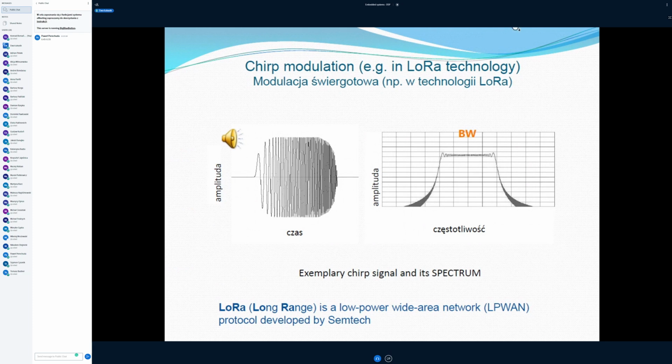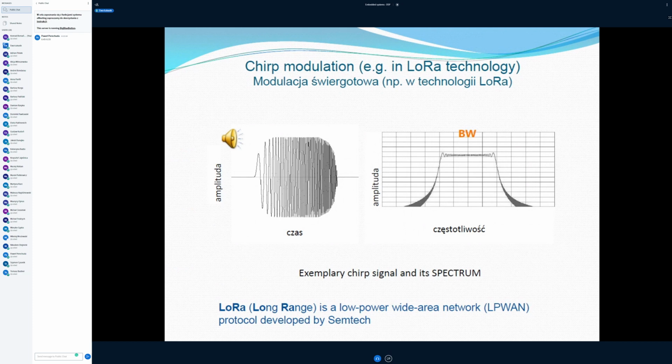Chirp, as you can see here, maybe it's not very exact, but when we are in the class, I will make you listen to that. But you can see here that this is a sinusoid, yeah? But the sinusoid has a linearly increasing frequency, and of course it takes some time for the chirp.